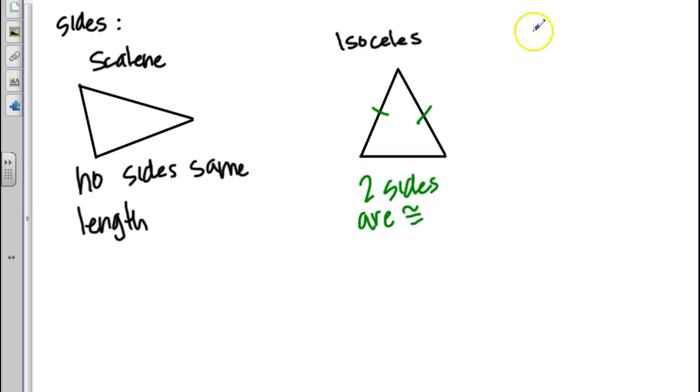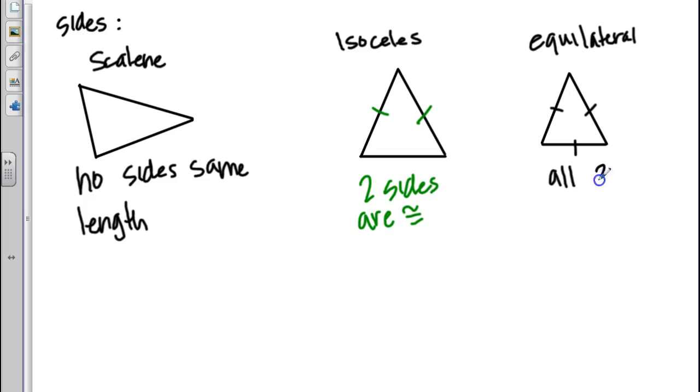And then last one, equilateral. Equilateral, all sides are the same length. So all three sides are congruent.